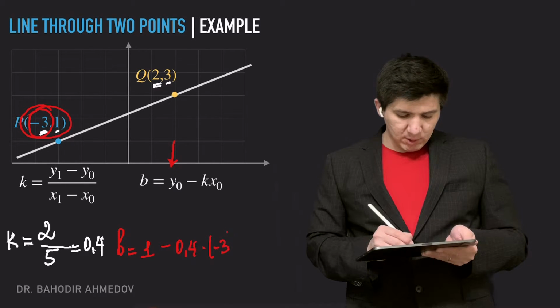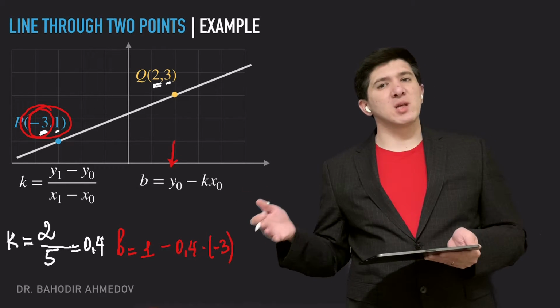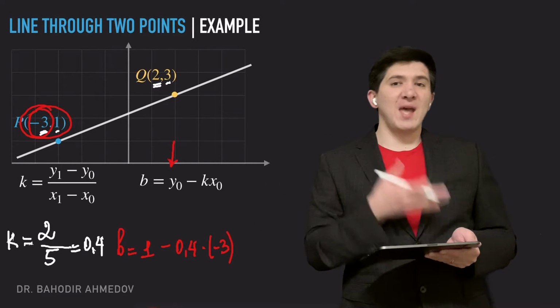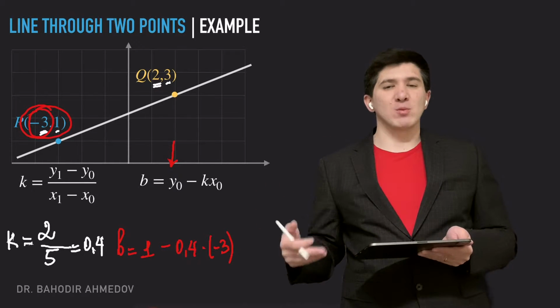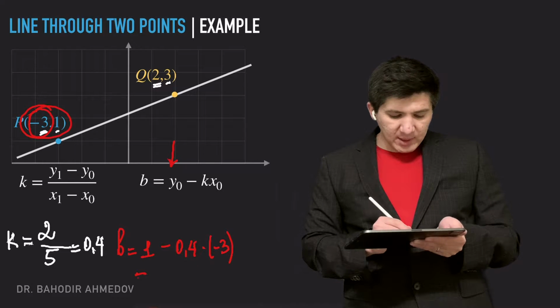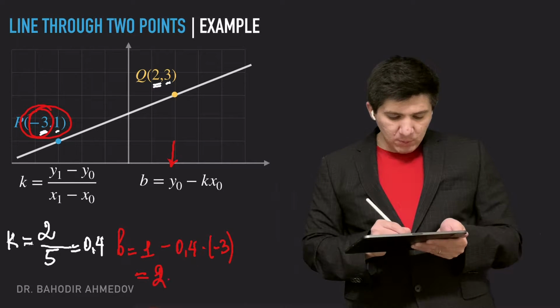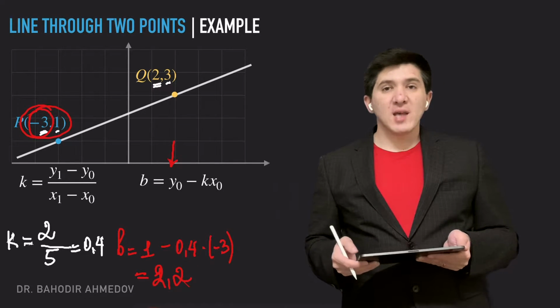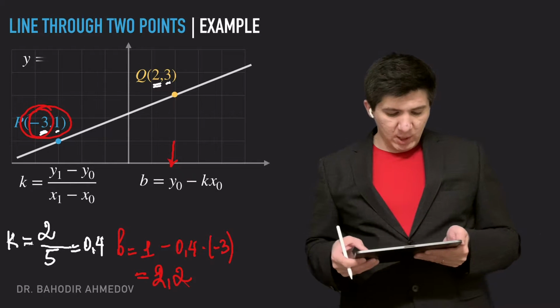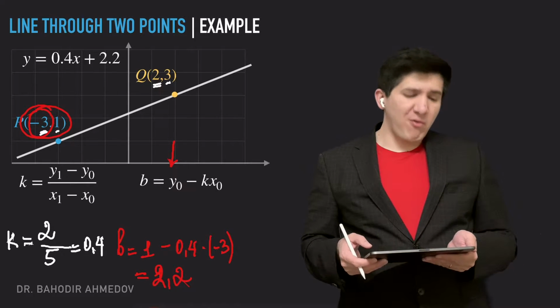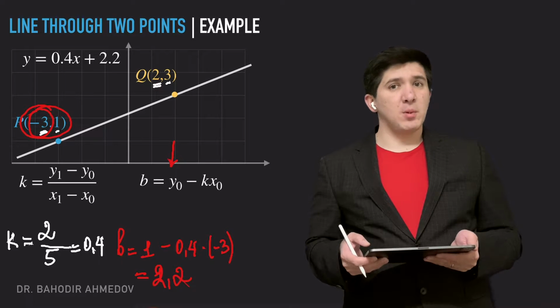Note that minus 3 times 0.4 with a negative sign is plus 1.2. If you add this to 1, it gives 2.2. So the equation of this line is y = 0.4x + 2.2.